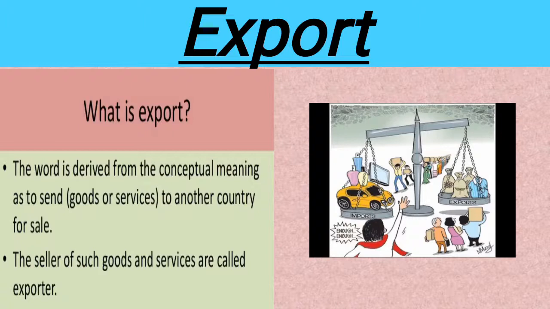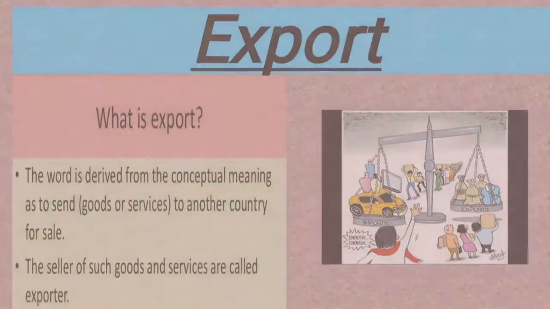For example, a person who buys goods from other countries is called an importer, and the person who sells goods to other countries is called an exporter. Remember one thing that is very important for you all: exports are the goods and services produced in one country and purchased by the citizens of other countries, right?